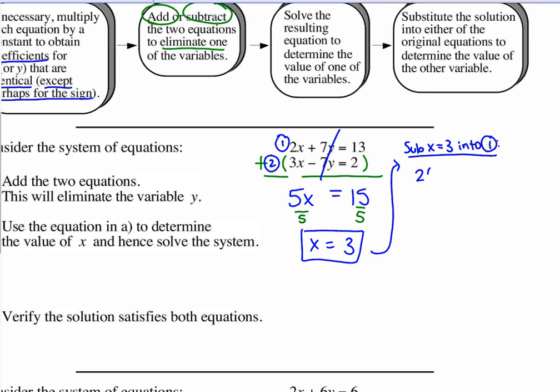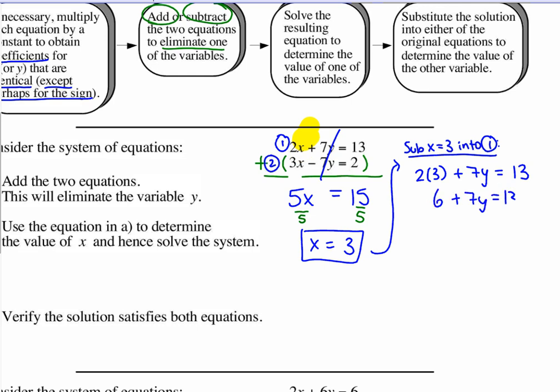2 times 3 plus 7y has to equal 13. Okay? Everyone see what I did there? I took my answer of x equals 3 and I subbed x equals 3 into that first equation. I replaced the x with 3. So just right here, the x I replaced with 3. 2 times 3 is 6.